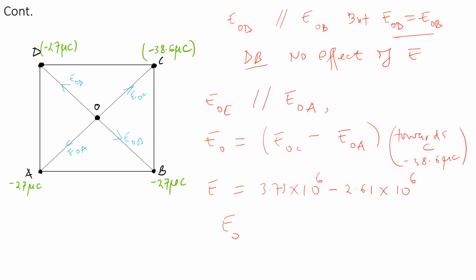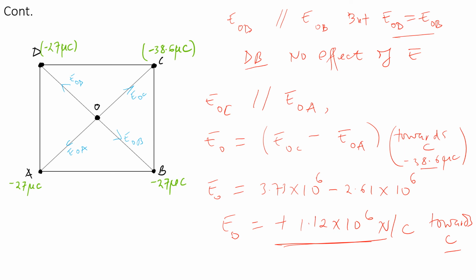So finally E at O becomes a positive 1.12 times 10 to power 6 Newton per coulomb towards C, or you can say towards the negative 38.6 microcoulomb.